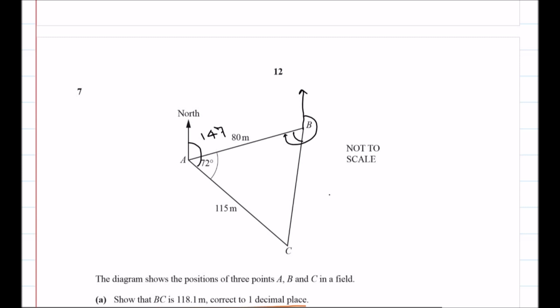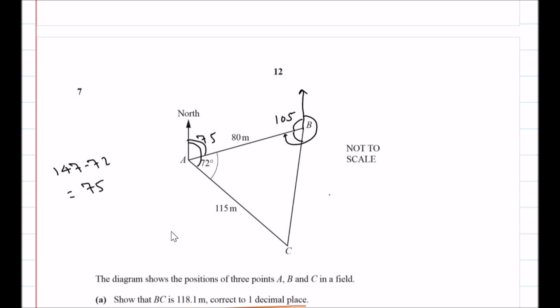So let us find that angle. What we need to do? This is 147 here. So 147 minus 72 will be 75, right? That means this is 75 from here to here. If this is 75, this will be 105, right?